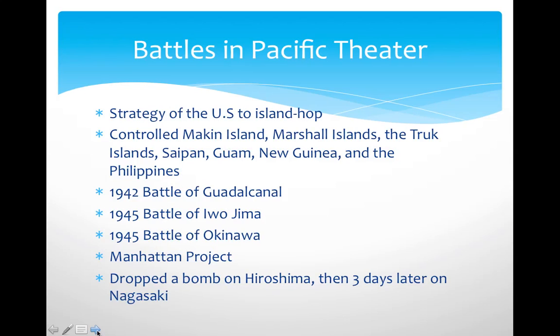The nuclear bombs are okayed by Harry S. Truman, the only president in U.S. history to end a war using atomic weaponry. And on August 6, the Enola Gay bomber drops the first bomb on Hiroshima, and 3 days later, they bomb again Nagasaki.